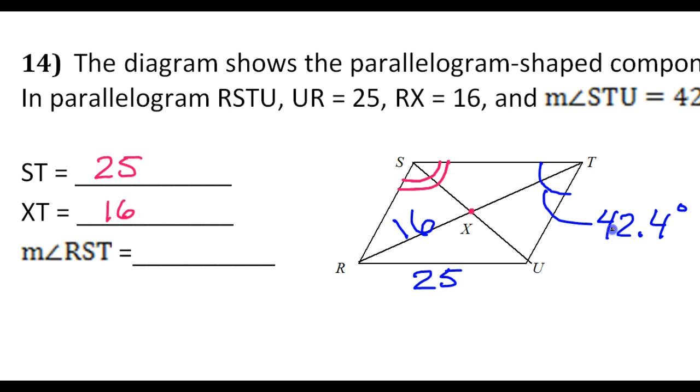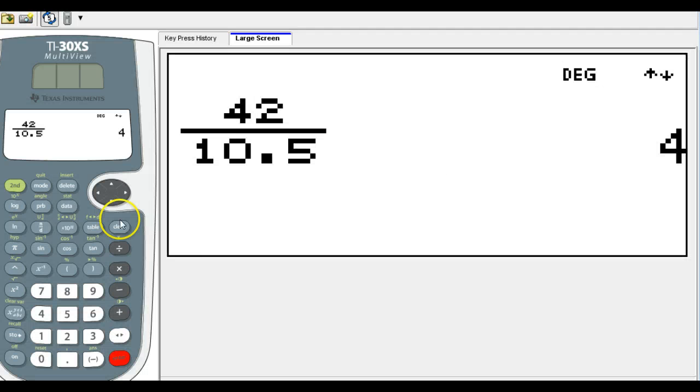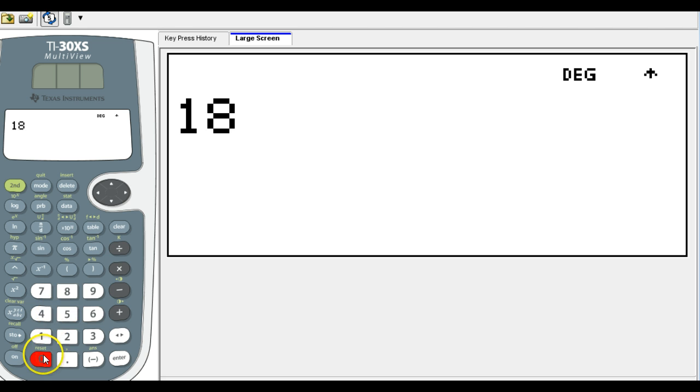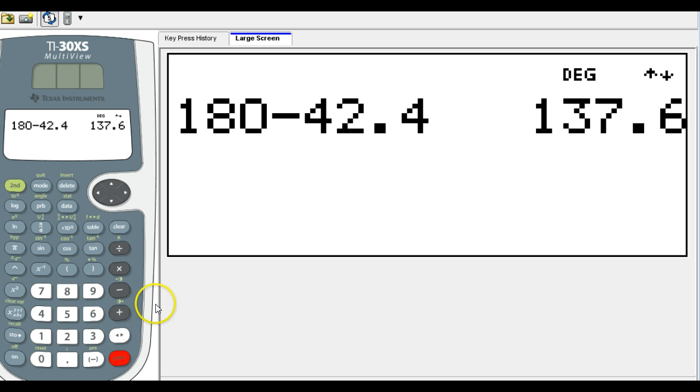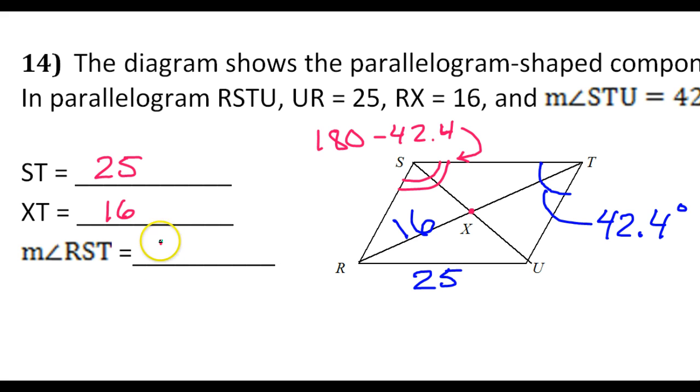So since this angle over here is 42.4, I should be able to calculate this angle by doing 180 minus 42.4. So that's 137.6. Alright, so that's it for number 14.